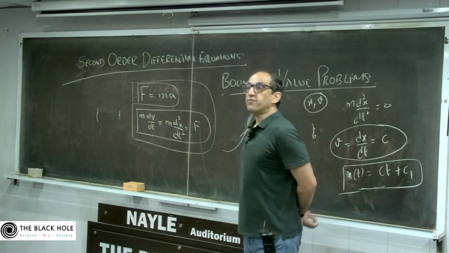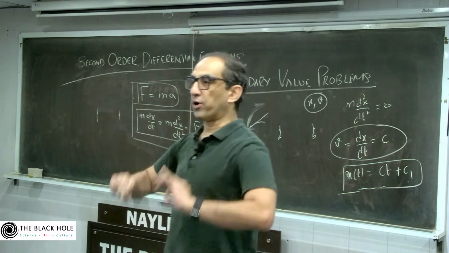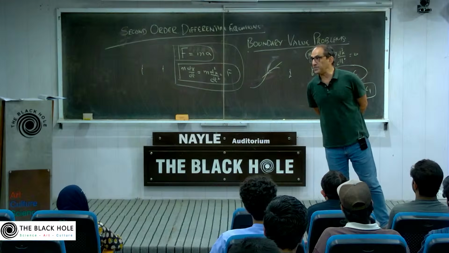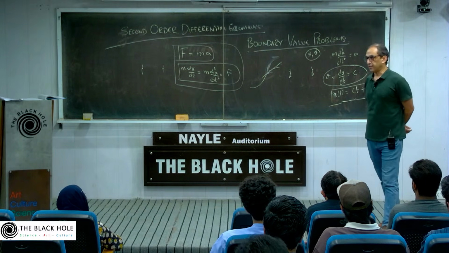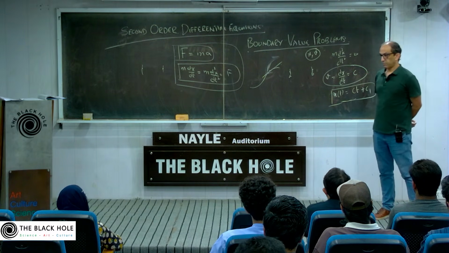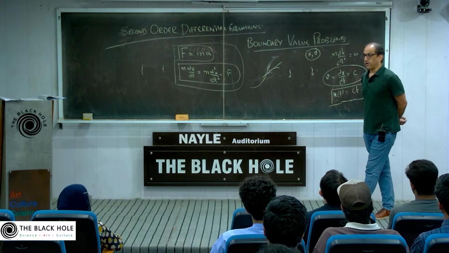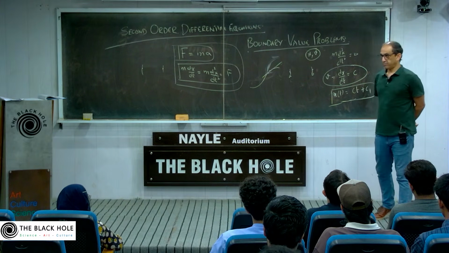But when you have a boundary value problem, you have two different points, because now you are defining something over an interval AB.